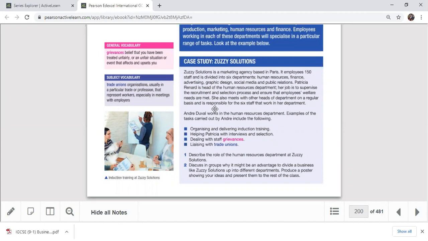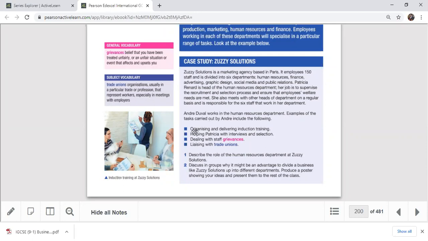Patricia Renard is the head of the human resource department, and her job is to supervise the recruitment and selection process and ensure that employees' welfare needs are met. She also meets with other heads of department on a regular basis and is responsible for the 6 staff in the department.